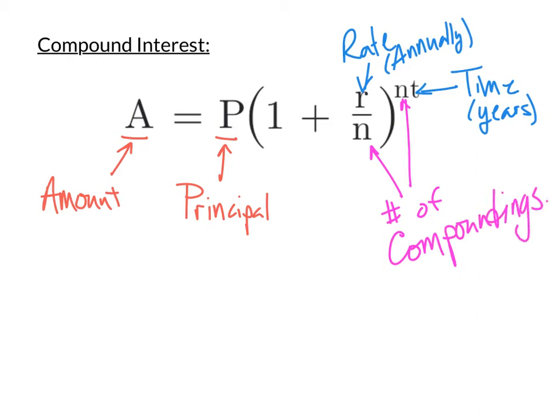Now, what we mean by that is when you take simple interest, you would just figure out how many years it's been since the account was established or the loan was given out, and then just calculate that annual interest over that time period. But when we compound it, that means that if you have, say, 12% annual interest compounded every month, you don't get all 12% in the very first month.